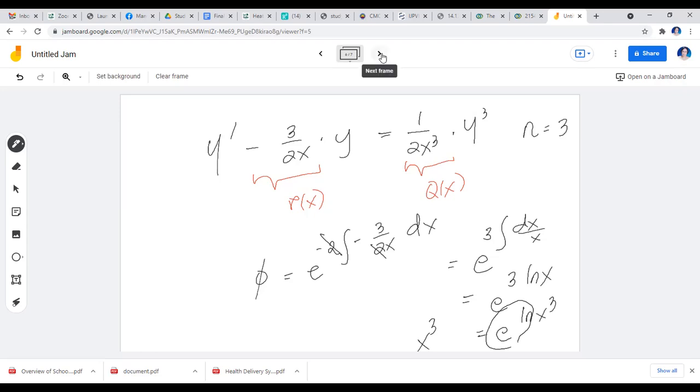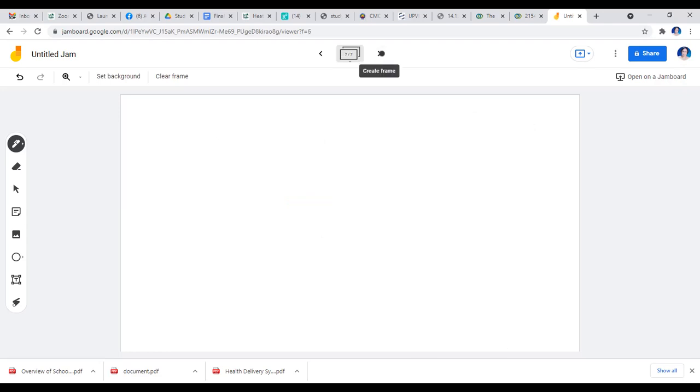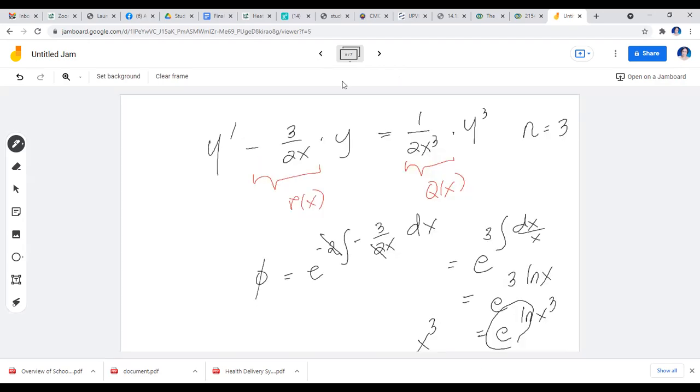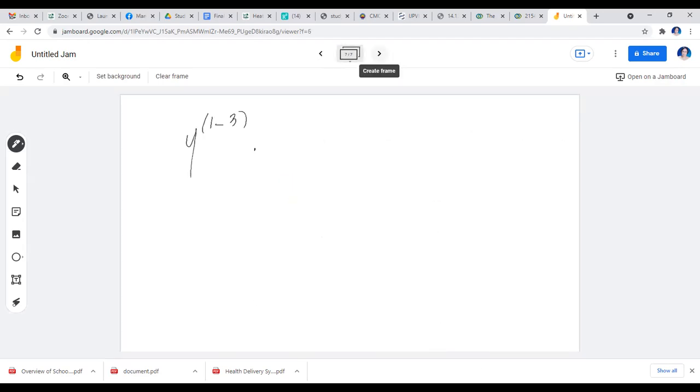So in terms of the formula for a Bernoulli equation, that should be y raised to 1 minus n. Our n is 3. Then your phi is x cubed. And it should be equated to an integral here, which is 3 multiplied to a 1 minus n also.